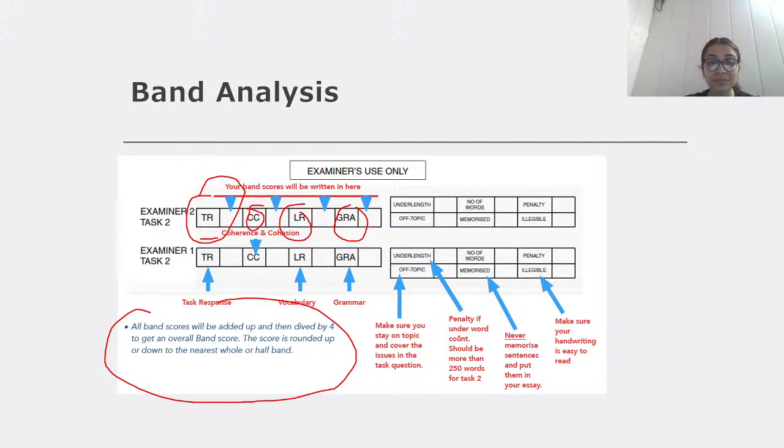You would be penalized for it. Does it make sense?